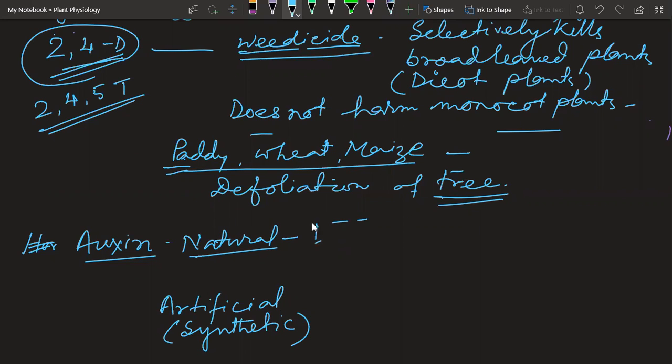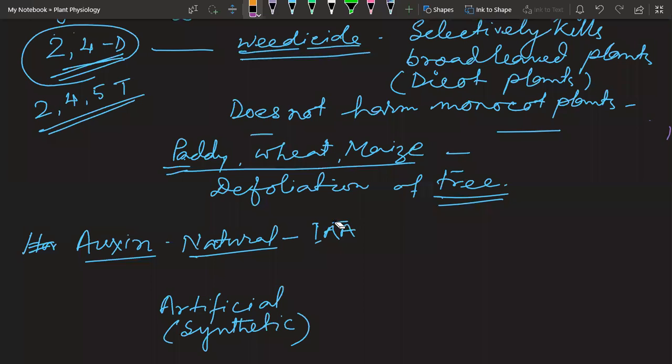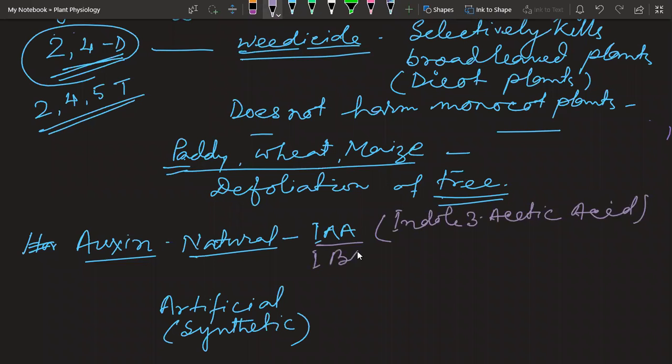One is IAA, indole 3 acetic acid, and another one is IBA, indole butyric acid.